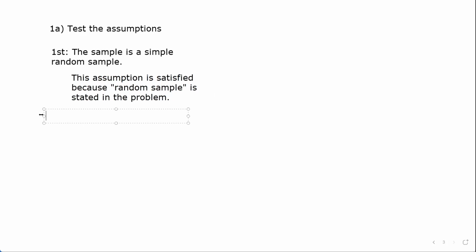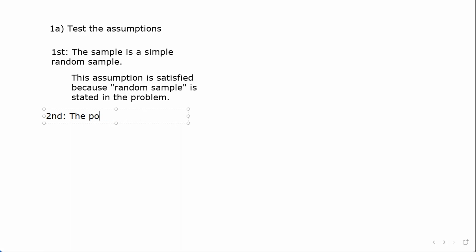The second assumption is that the sample size is, so there's a couple of ways to state this.